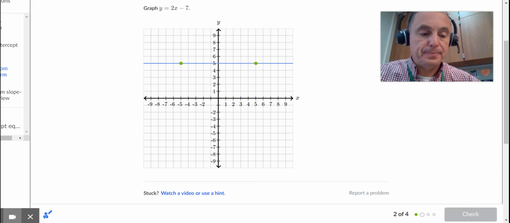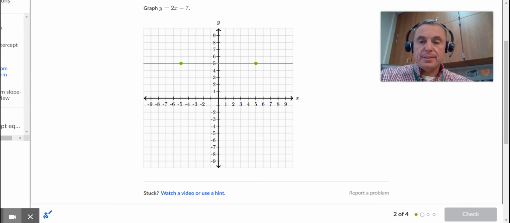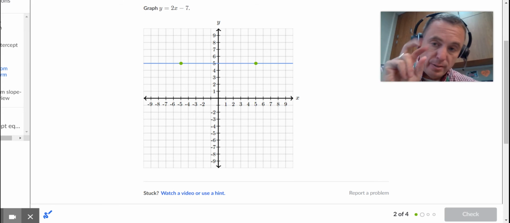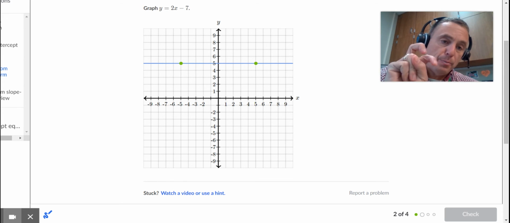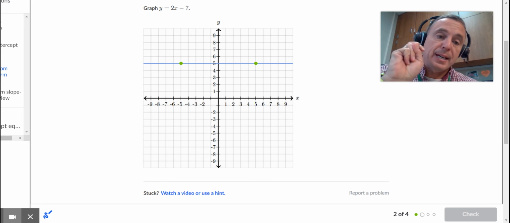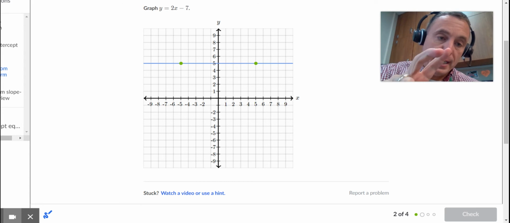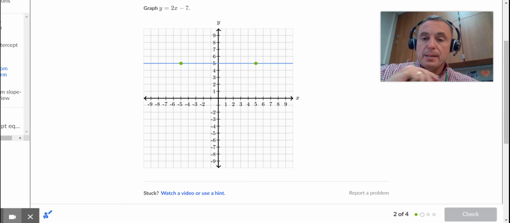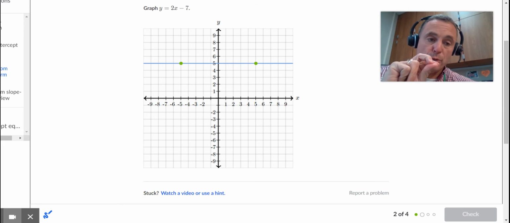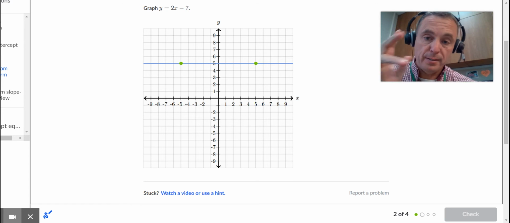Next question. All right, this time, the two variable equation, and the reason we call it two variables is because it has an x and a y. And this equation has two numbers. It has negative 7 and 2. I'm going to use those two numbers to graph this equation, which means I'm also solving it.